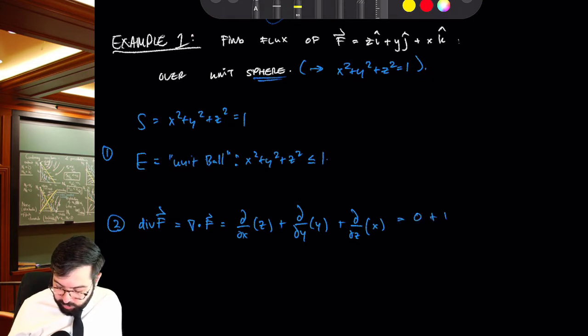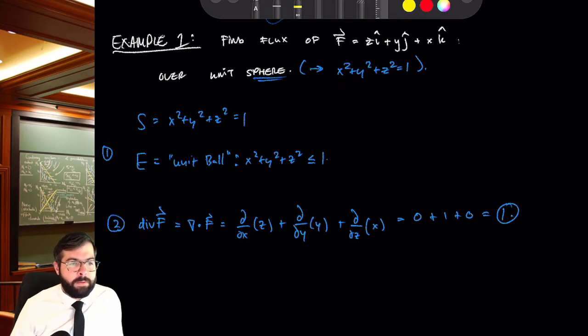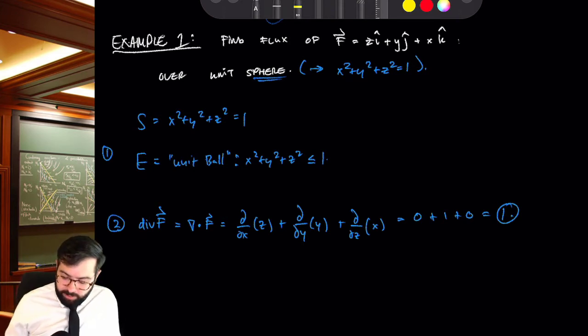Which works out to be 0 plus 1 plus 0. So this isn't too bad of a vector field. Its divergence is 1. Remember, this is going to be a scalar measure, not a vector.